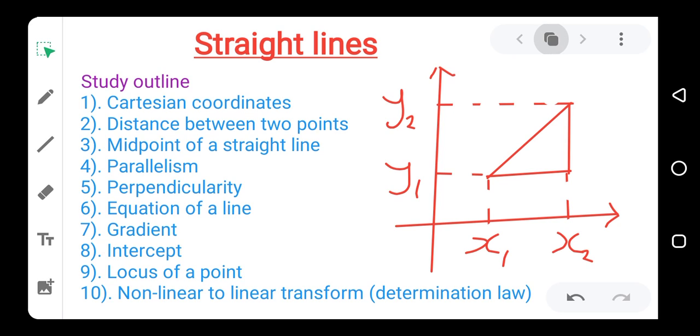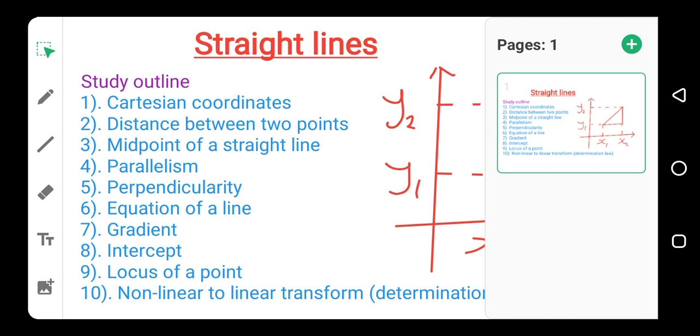Cartesian coordinates is a way of representing lines using x and y coordinates or x and y axis in a graphical form.